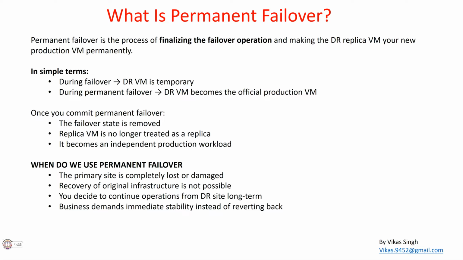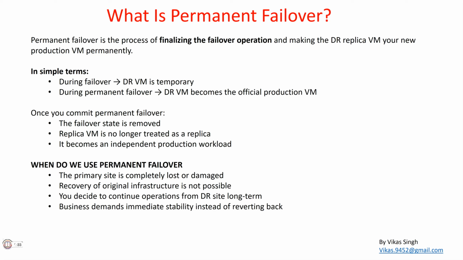Once you perform this, the failover state is removed for the virtual machine. The replica VM is no longer treated as a replica, and it becomes an independent production workload. At this point there is no dependency on the original or primary VMs anymore.